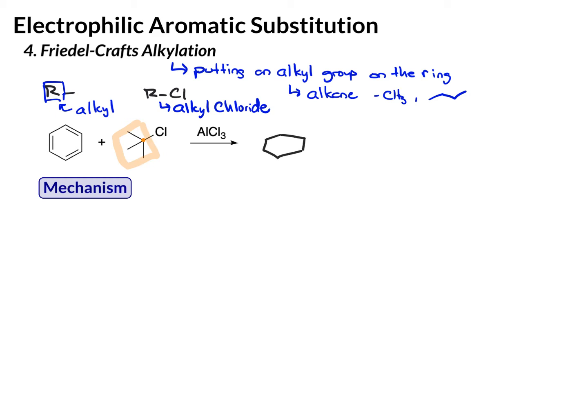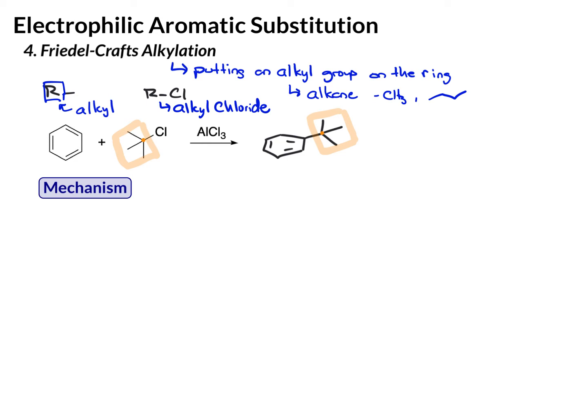So here we have our aromatic ring, and then here's our tert-butyl group. Here's that carbon that I highlighted in orange, and then here's that whole tert-butyl group that was added. Similar to the halogenation reactions that we learned about previously, this reaction uses a Lewis acid catalyst.